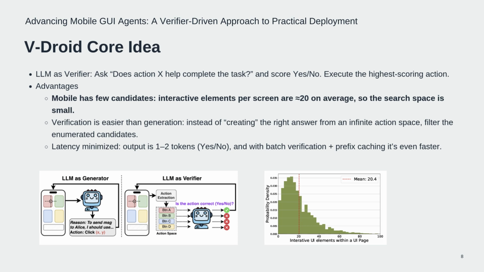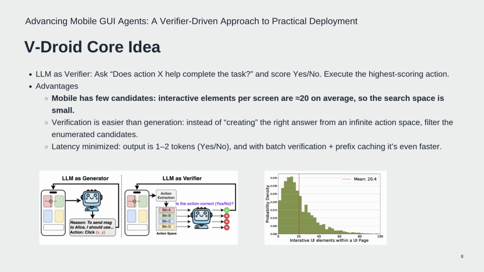Essentially, we've turned the problem into a classification task, good versus bad actions, rather than a generative task. In fact, we found that even a powerful model like GPT-4 is more reliable as a judge than a generator for actions. Using GPT-4 to verify choices yields better results than using GPT-4 to directly output the action sequence.